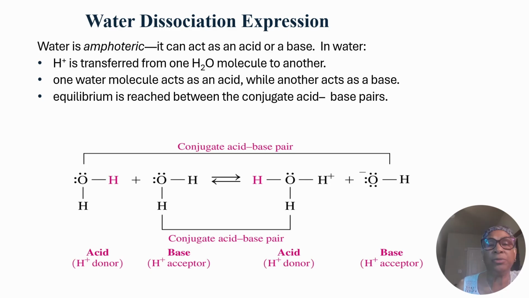All aqueous solutions of water contain both hydronium H3O+ and hydroxide OH-. The concentration of hydronium and hydroxide are equal in pure water. That is, they are equal to 10 to the negative 7 molar at 25 Celsius.